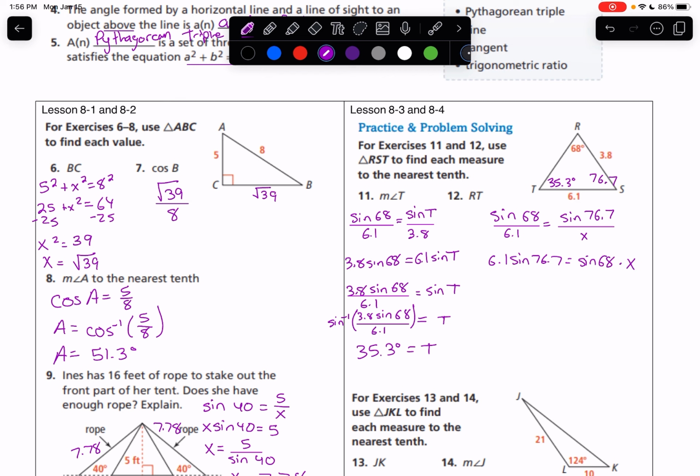But again, the sine of 68 is just a decimal, so I can divide both sides by the sine of 68 and do 6.1 sine of 76.7 over the sine of 68 equals x. Put that into my calculator, and I find that x is equal to 6.4.